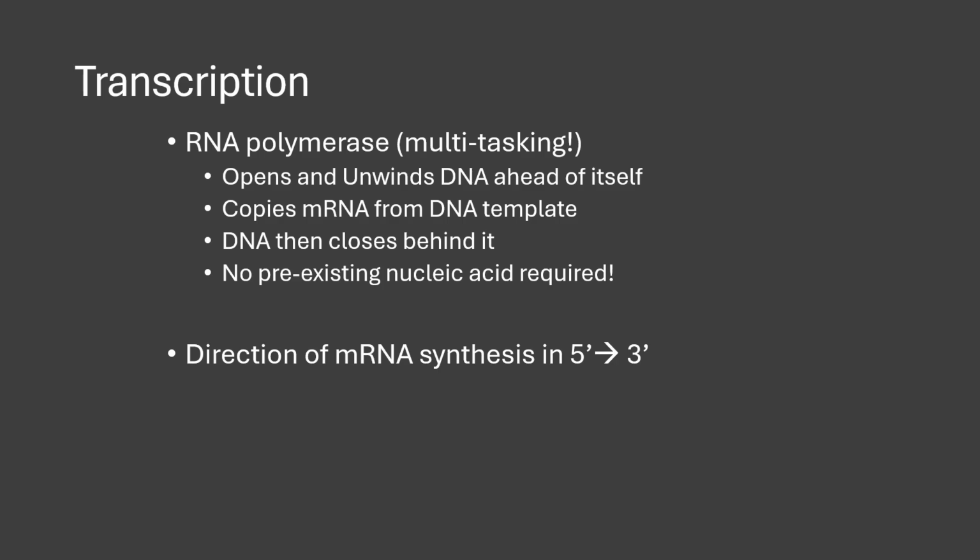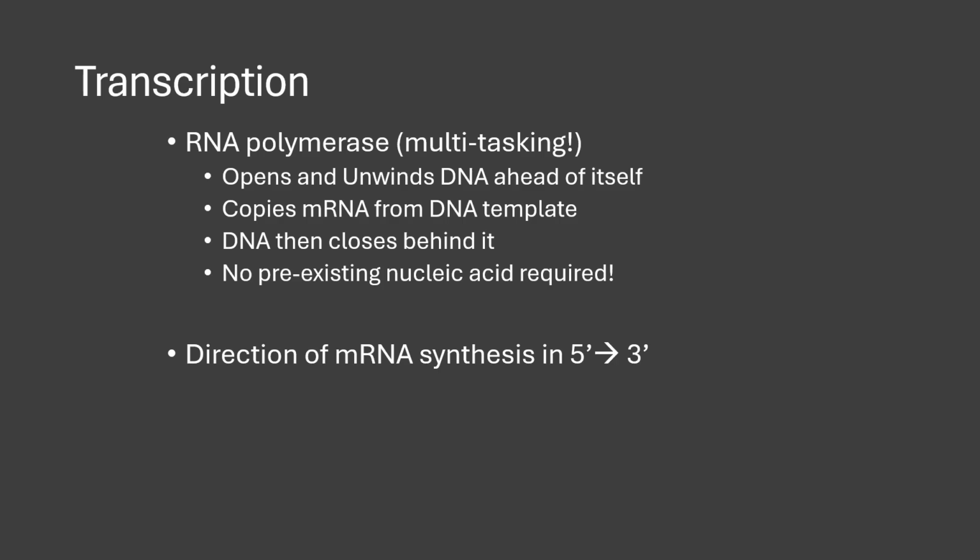It copies mRNA from a DNA template. The DNA closes behind it. It doesn't have to have any sort of pre-existing nucleic acid. So DNA polymerase requires an existing nucleic acid, so you can hook the new nucleotide onto the 3' hydroxyl group. RNA polymerase doesn't need that.